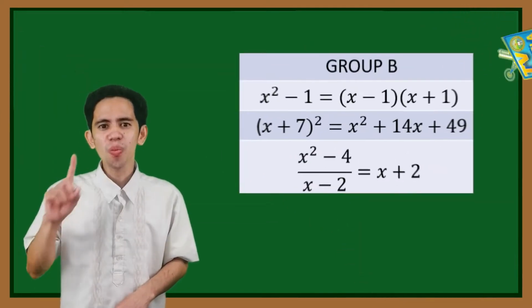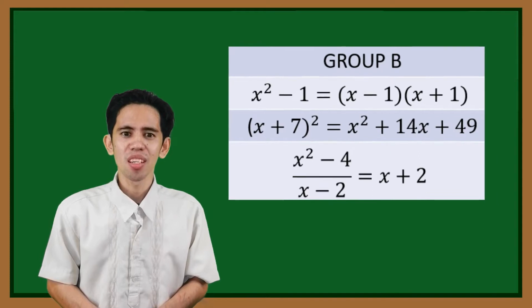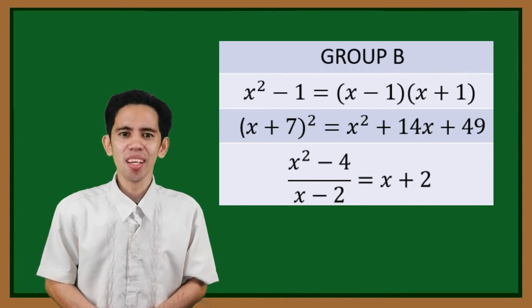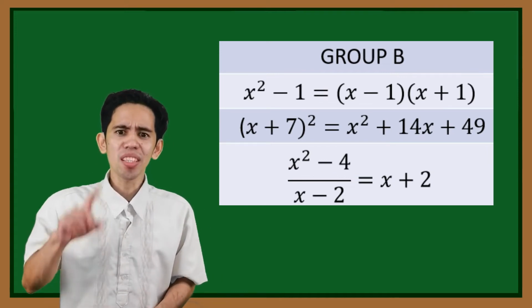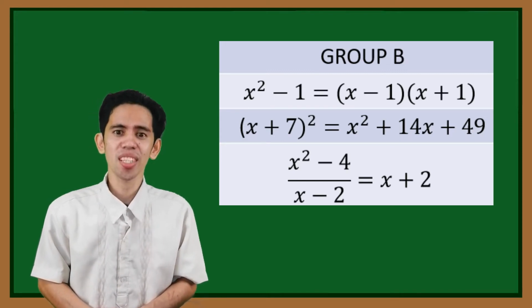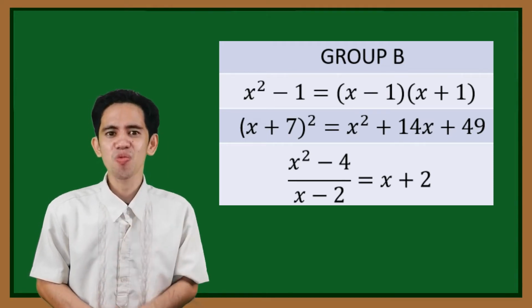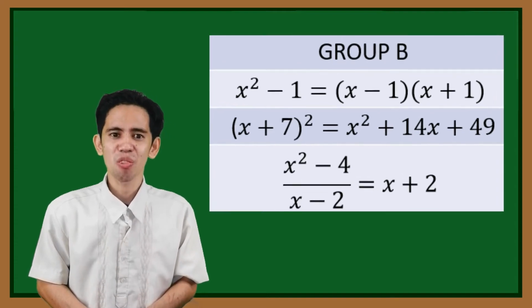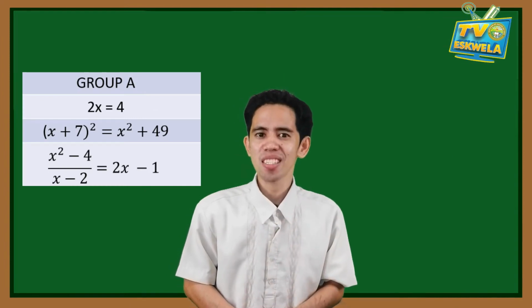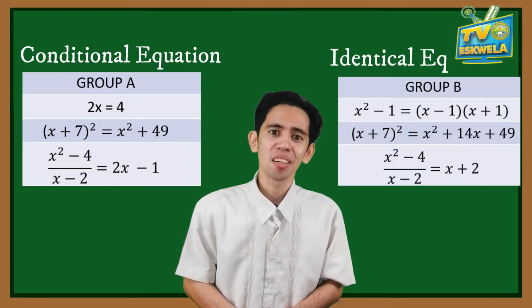While for group B, we have x squared minus 1 is equal to quantity x minus 1 times quantity x plus 1. Then quantity x plus 7 squared is equal to x squared plus 14x plus 49. And x squared minus 4 over x minus 2 is equal to x plus 2. Group A is considered as conditional equation, and group B is the identical equation.